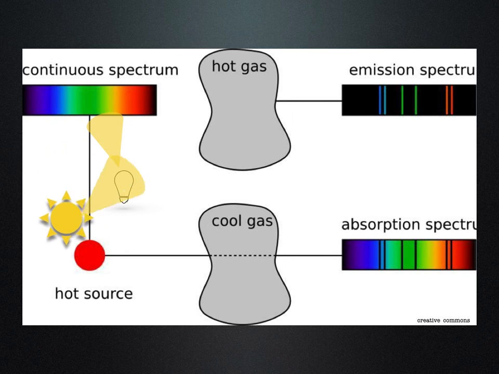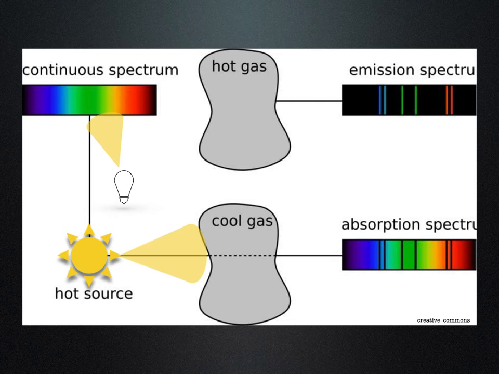If that light source is behind a sample of gas, then, for instance, you might have a star behind a sample of gas, like in a nebula, and on Earth, you have yourself a telescope that has a spectroscope on it.